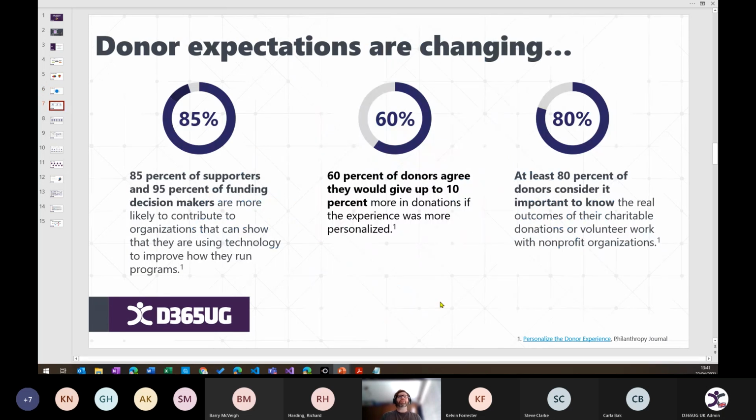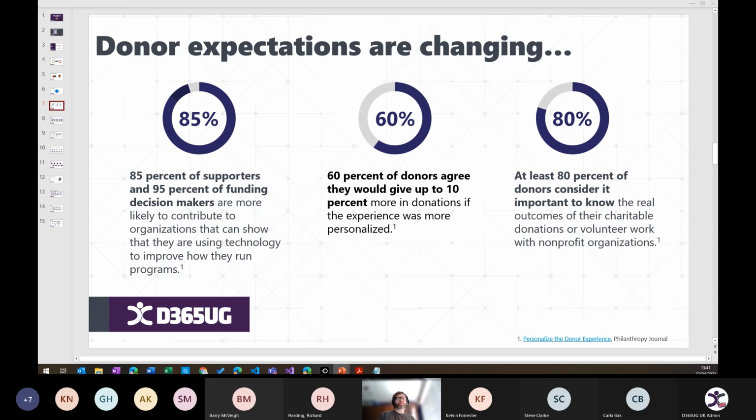One of the key things we found affecting a lot of charities, especially after COVID came along, was that supporters' expectations are changing. They don't have much money, and those that can afford to give are putting more thought into what they're actually going to do with their money, who they're going to give it to, and what evidence they can see that it's being used in a particularly good way.